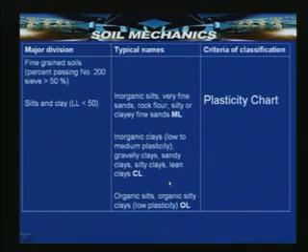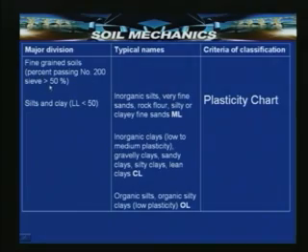Now, having seen coarse grained soils, let us look into fine grained soils. For the fine grained soils, the percentage passing number 200 sieve is greater than 50%. As we said, there are two groups, coarse grained soils and fine grained soils. In the previous two slides we have seen the criteria of classification for coarse grained soils.